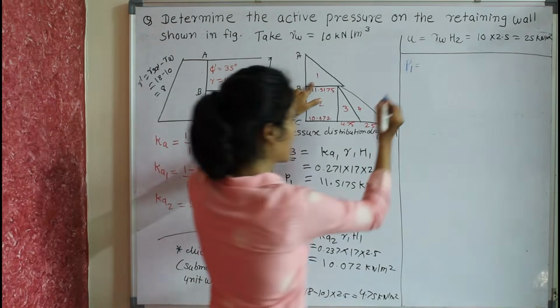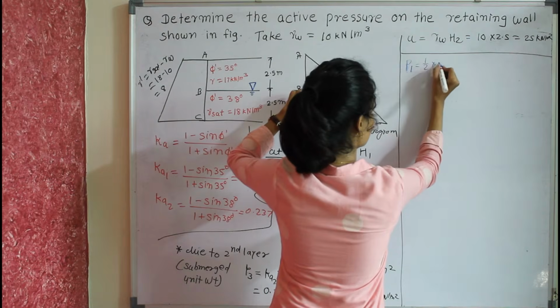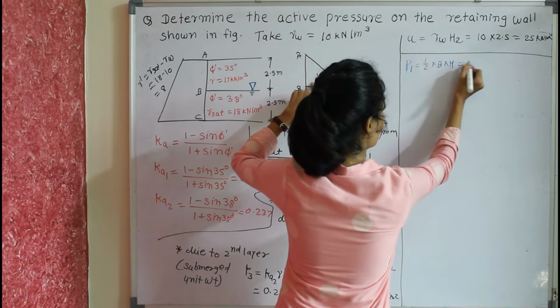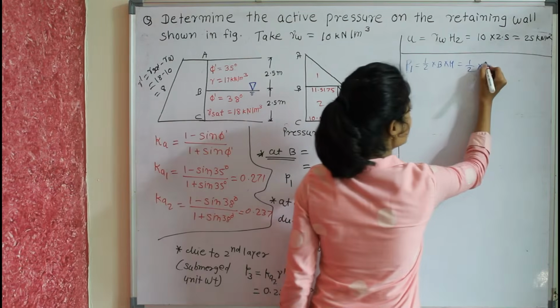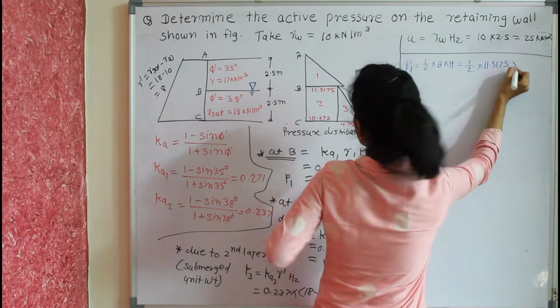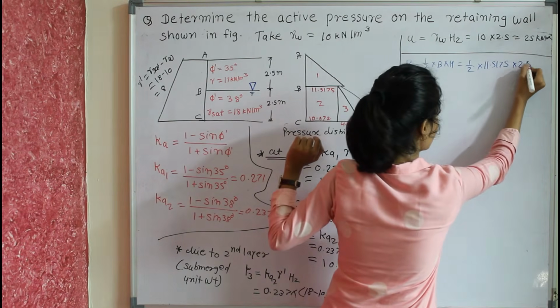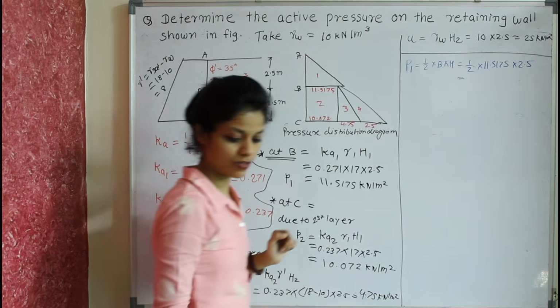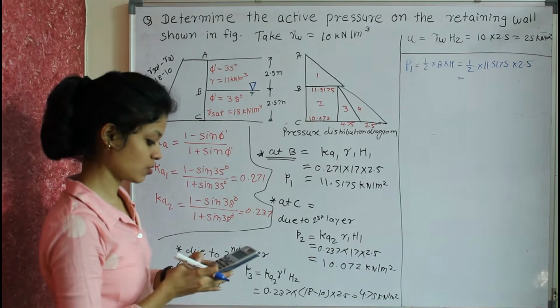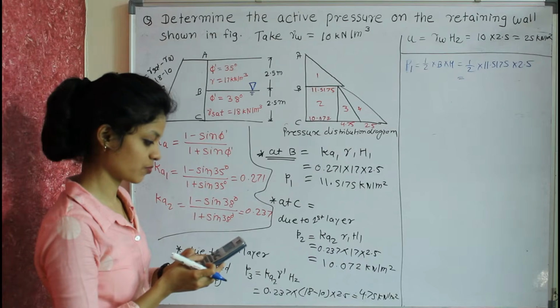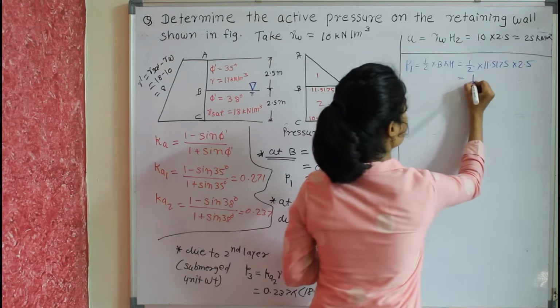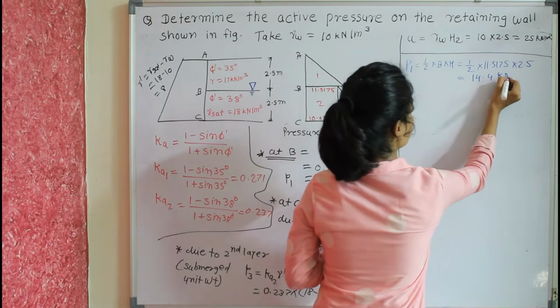Therefore, for first P1, area of first triangle is half base into height. Half base for first triangle is 11.5175, into height, which is the thickness of this first layer, that is 2.5. So 0.5 into 11.5175 into 2.5 equals 14.4 kilonewton.